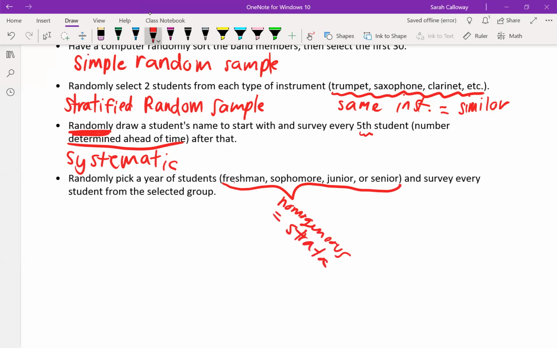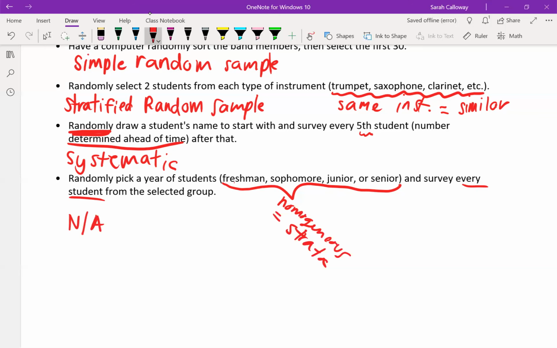But when I'm looking for a stratified sample, I'm not surveying every member, right? So when I'm surveying every member, it should be a cluster. So these should be groups of students that don't have something in common. And so this is actually none of the sampling methods that we've talked about here.